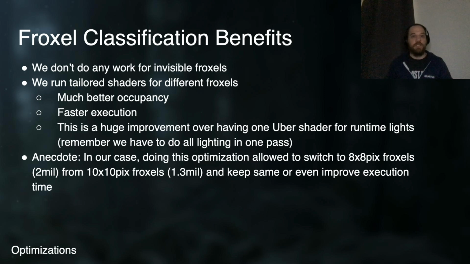That reduces the amount of VGPRs, which means we can overlap much faster. It's not just the amount of instructions you execute; it's also the amount of GPRs in general that are used. So for better overlap, all of this is really important. We achieved much better occupancy and faster execution. It was a huge improvement, and we were able to go from 1.3 million Froxels at 10 by 10 pixels to 2 million Froxels at 8 by 8 pixels just by doing that, and performance stayed the same.